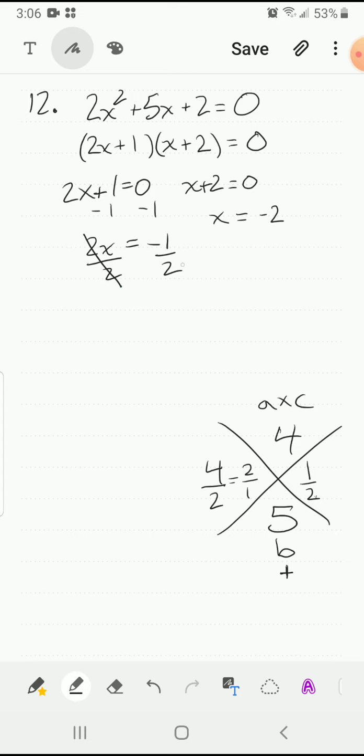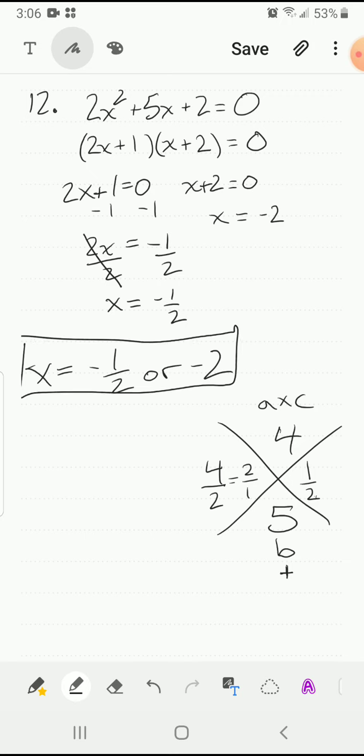So x is going to equal negative 1 over 2. So, now we have our solution. Either x equals negative 1 over 2, or x equals negative 2. There's our solution. And that is how you solve these types of questions.